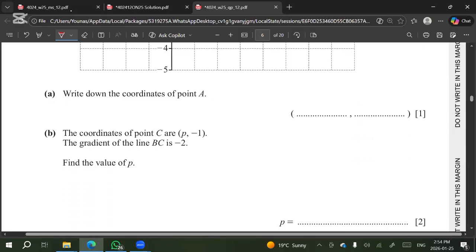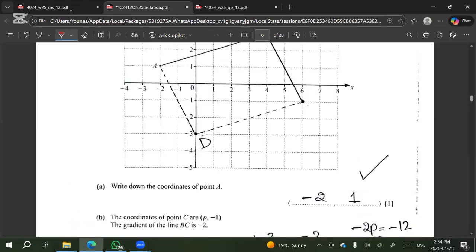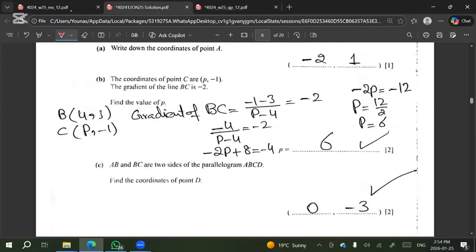And the gradient of the line BC is given. You know the gradient formula is y2 minus y1 divided by x2 minus x1. So I know the gradient already. So we can easily find out, the point B is 4 comma 3 and the point C is P comma minus 1.